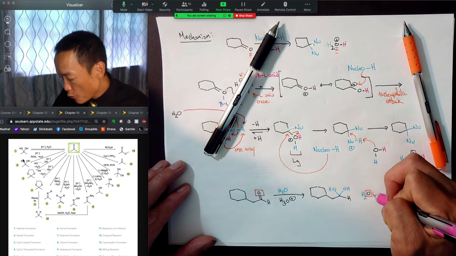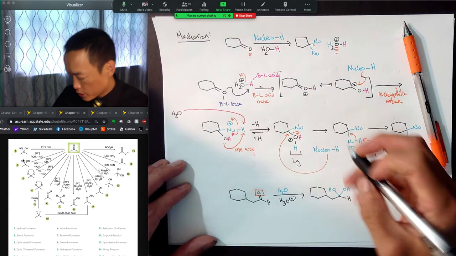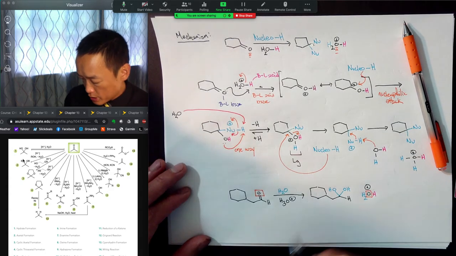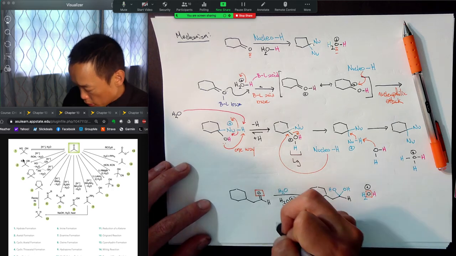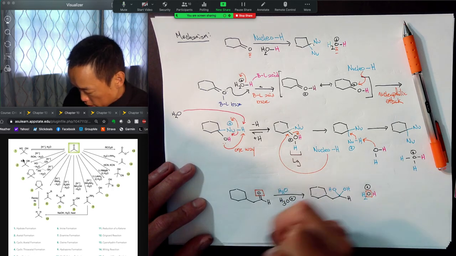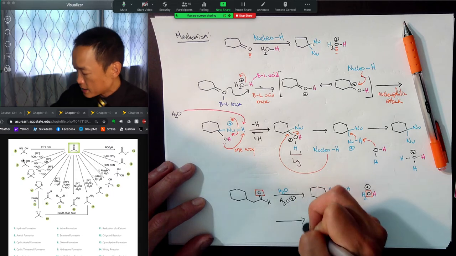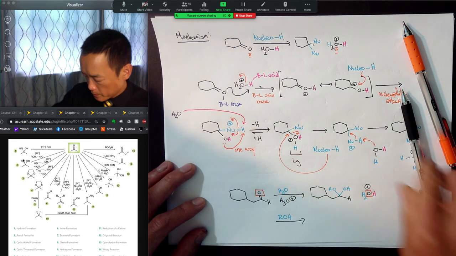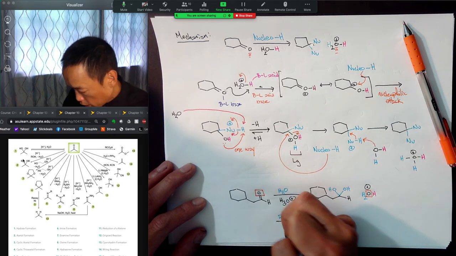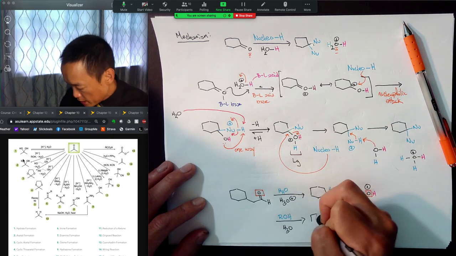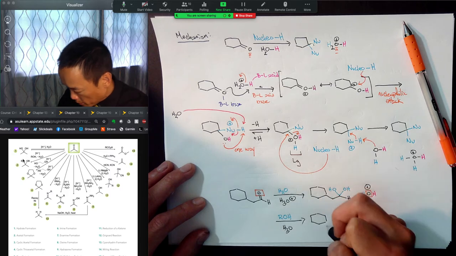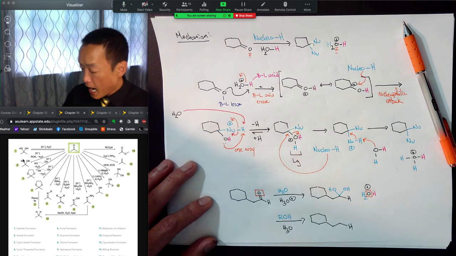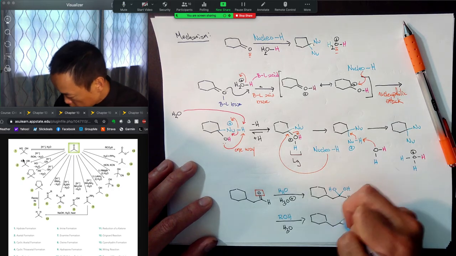And why I want to make this important distinction is because I made a fundamental mistake, which is that if I were to take this reactant and react it in the presence of ROH in H3O plus, what I want to say is that the product that is formed is not this product.